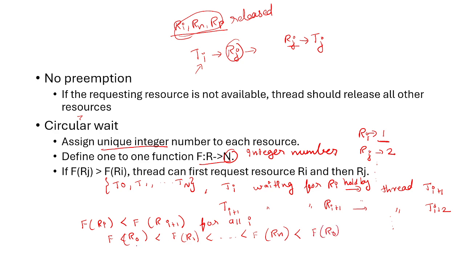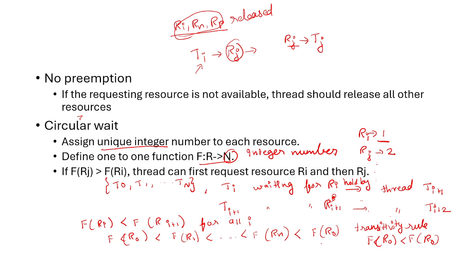If you apply the transitivity rule here, it means that f of R0 is less than f of R0.